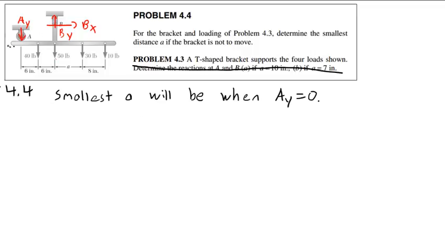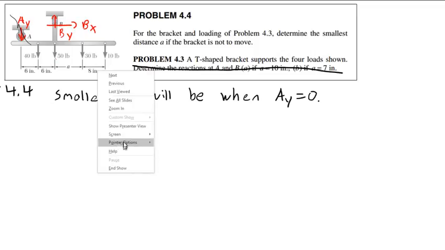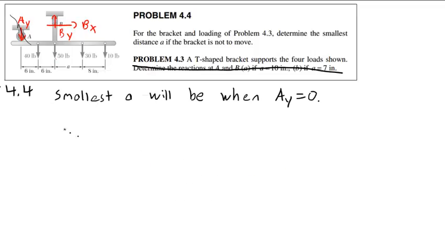So now I don't need to worry about this force anymore. The moments are going to balance each other out, so now I simply solve for A. Sum of moments about point B, counterclockwise positive: 40 pounds times 6 inches.